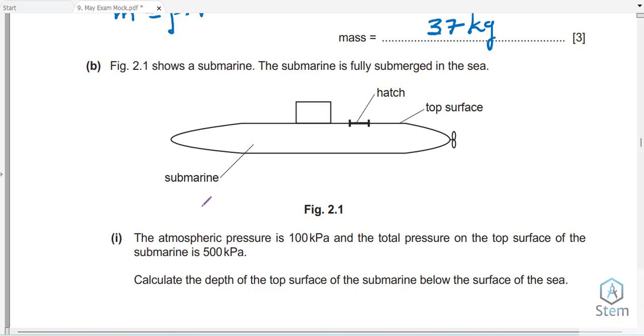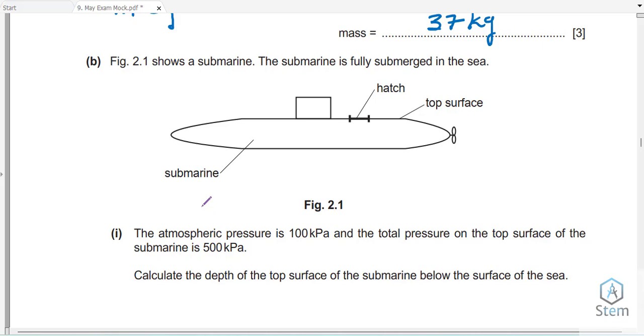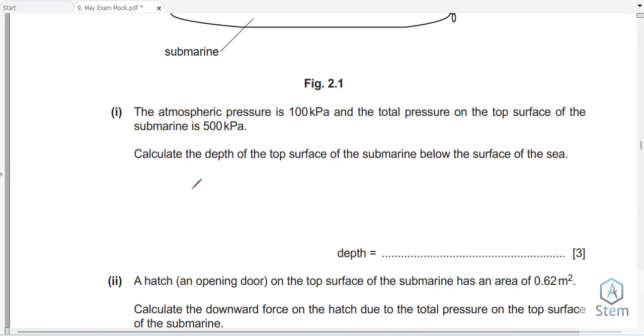Now the submarine is fully submerged in the sea. The atmospheric pressure is 100 kilopascals, and the total pressure on top of the surface of the submarine is 500 kilopascals. Calculate the depth of the top surface of the submarine below the surface of the sea. I'm going to draw a small diagram here. Let's suppose this is the sea level and the submarine is here.